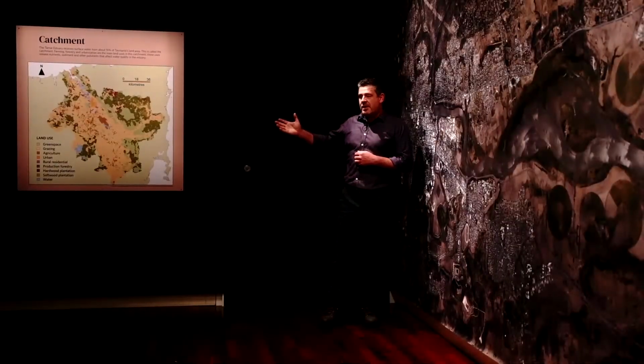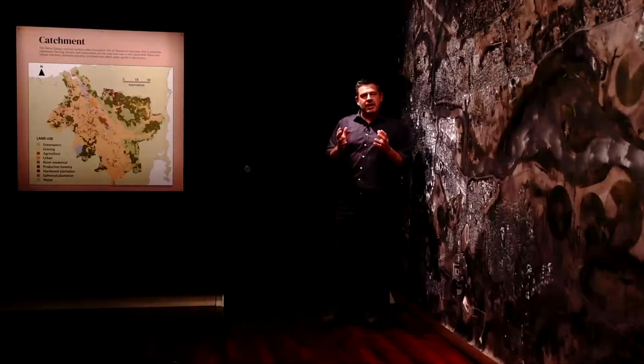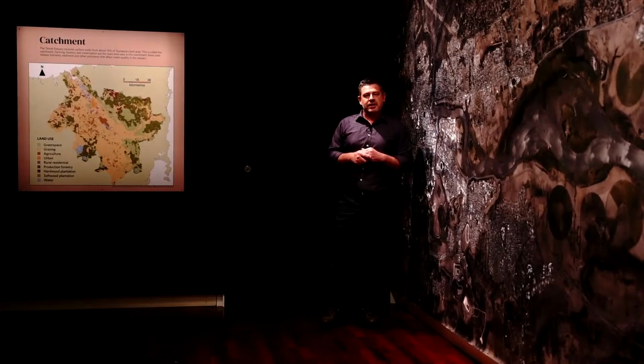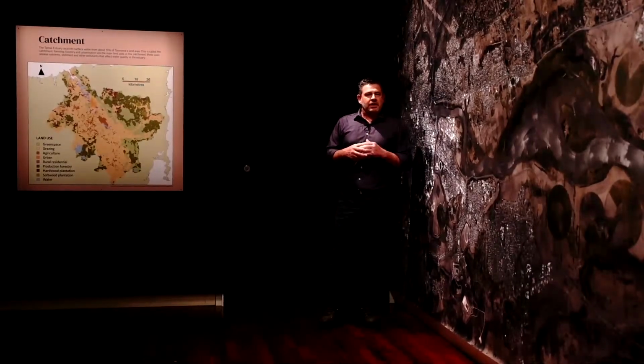Here we have a map of the catchment. The catchment is the part of Tasmania's landmass that drains down into Launceston. How we use the land in the catchment can really affect the water quality that enters the Tamar at Launceston. Things like agricultural runoff, nutrients from other sources, and even sediments from erosion end up in Launceston.